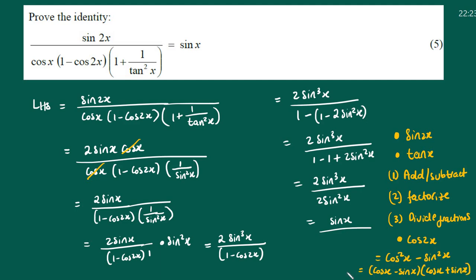You just look at the problem and say it can benefit me to actually make it into that form. Usually it will be because maybe on top you have something like cos x minus sine x. Then it means that if at the bottom I have cos 2x, I must try to change it to this one so that they can cancel. So it's all about trying to match what you have with the information that you know.